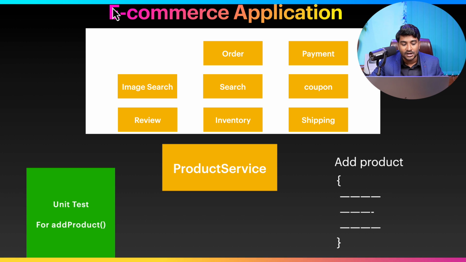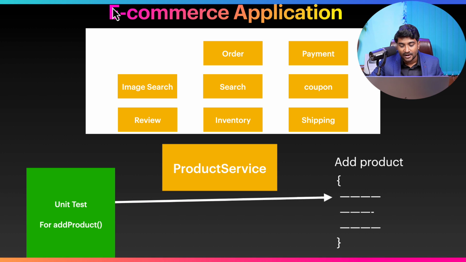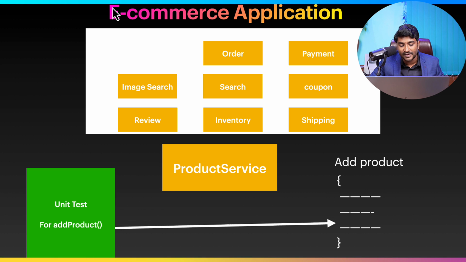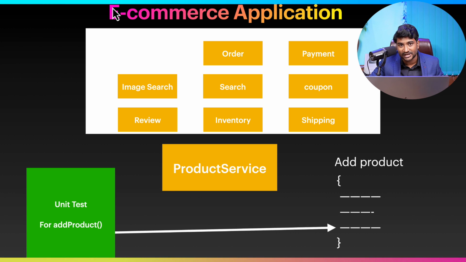For example, you need to make sure that you have unit test cases which will test this add product functionality. Imagine we have an add product unit test method here, which will basically check all these lines and will make sure this functionality is working well. So having good unit tests which has good code coverage will make sure you will not get into trouble after your migration is done.